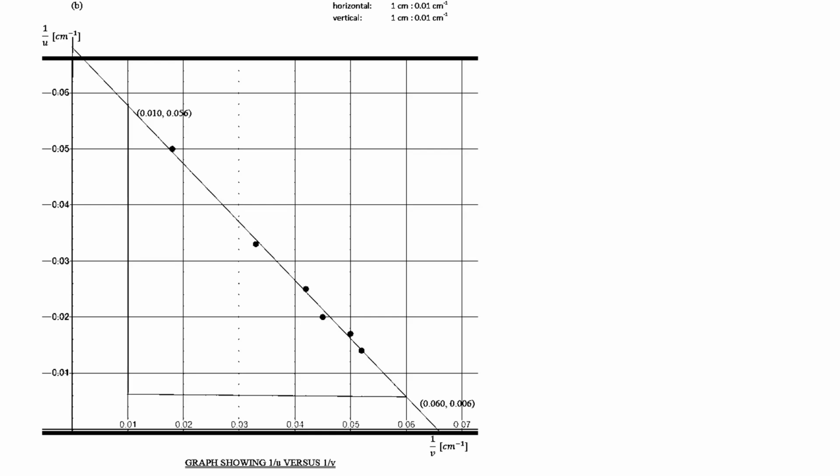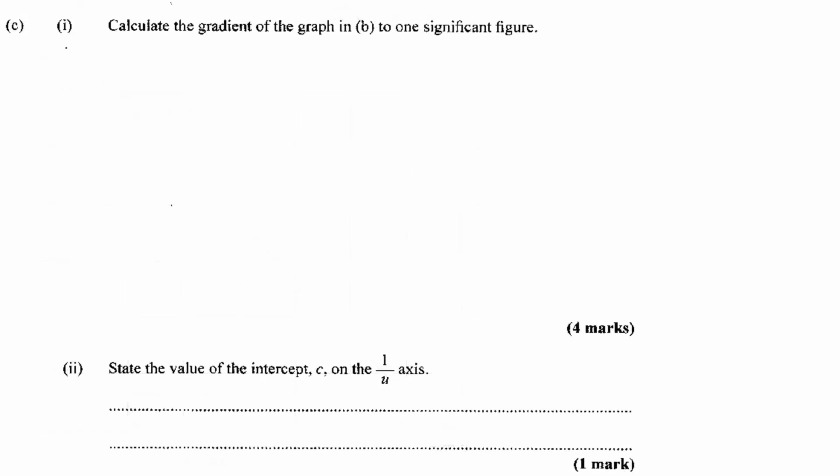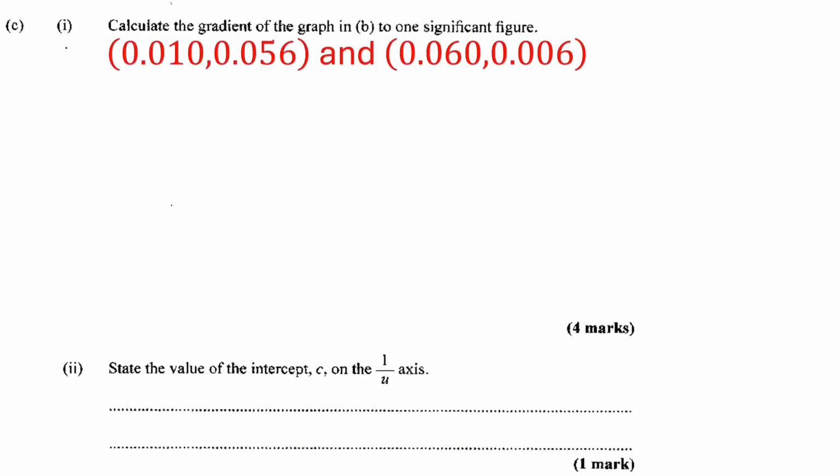Ideally, you should take your coordinates from the line of best fit from 2 points that are not points that were plotted. So you'll see there 0.010 as our x coordinate and 0.056 as our y coordinate, and the other pair of x and y coordinates 0.060 with 0.006. So if we're to calculate the gradient of the graph, first thing we should do is to write down those coordinates.